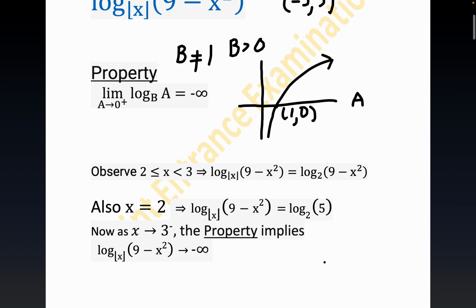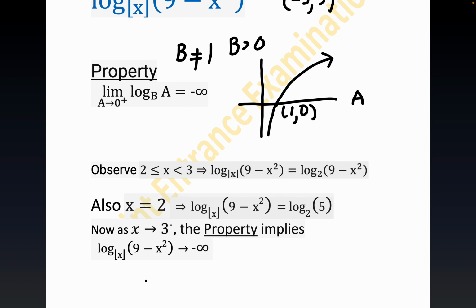And also, as x approaches 3 from the left, again, you'd have to be coming in from the left, not the right, this property that we just mentioned, based on the graph, implies this. So again, I think that's fairly direct. We know that this is an increasing function.